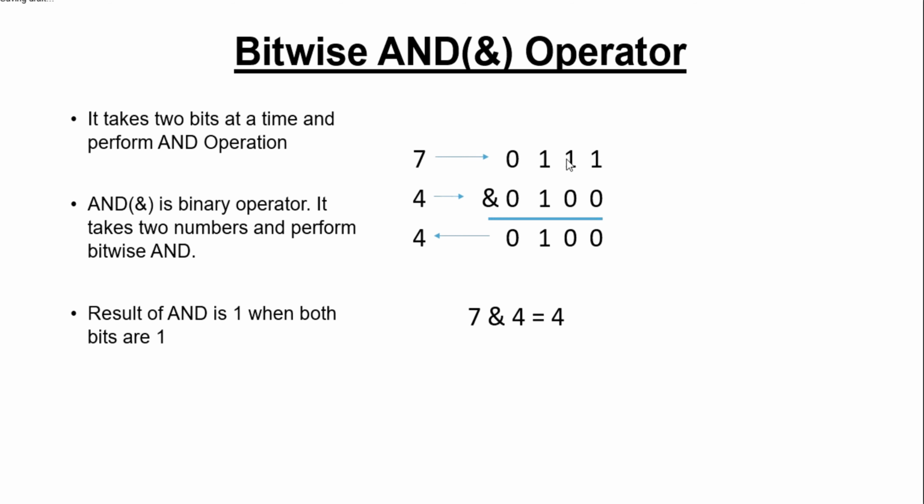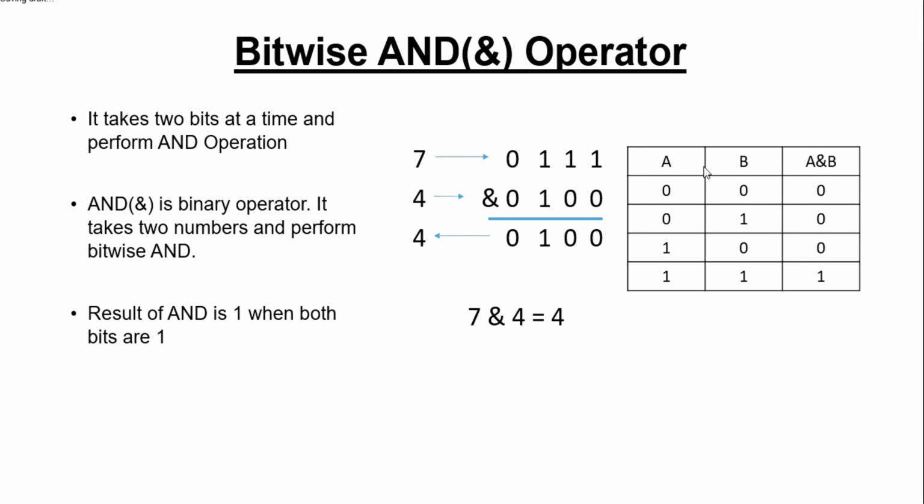Similarly, we have another pair, 1 and 0, so the result will be 0. Here we have both bits as 1, so the result will be 1. As we saw, the result of AND is 1 when both bits are 1. So where both bits are 1, we get 1, and where both bits are 0, it's simply 0. When you convert this binary into decimal, it gives you 4 as the result.